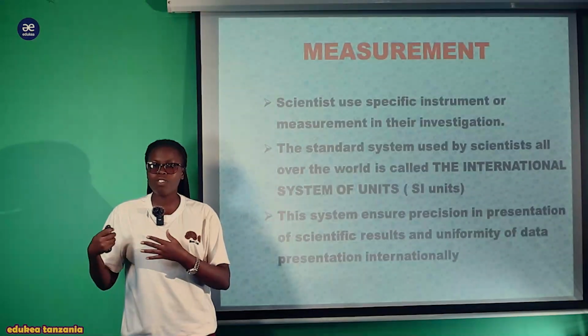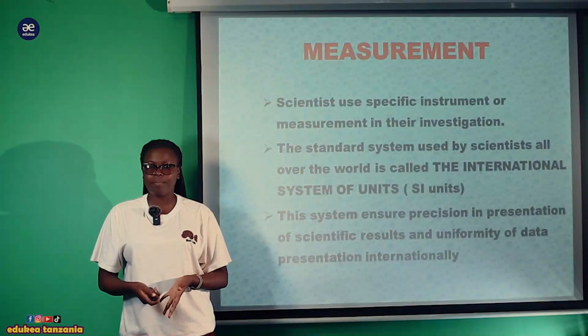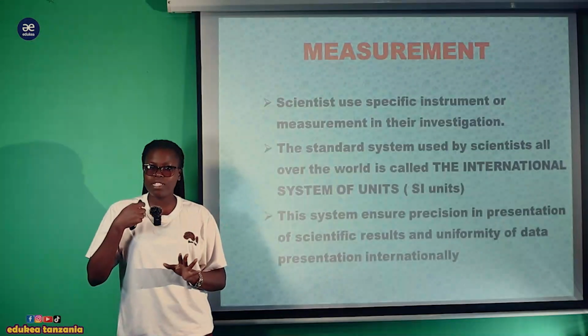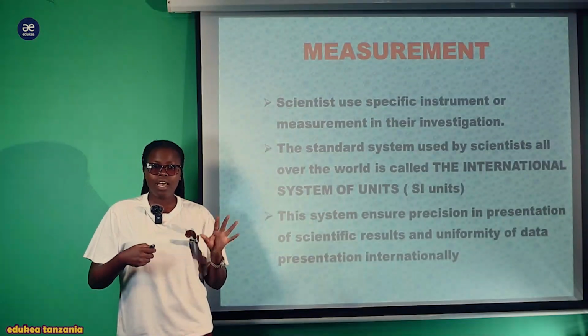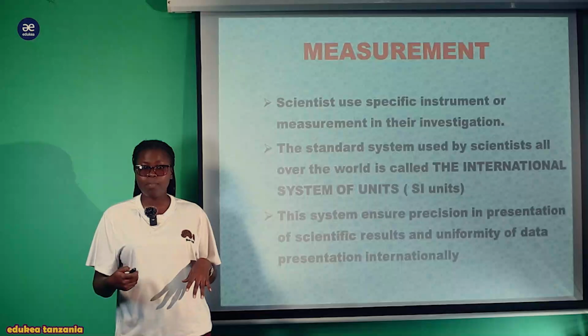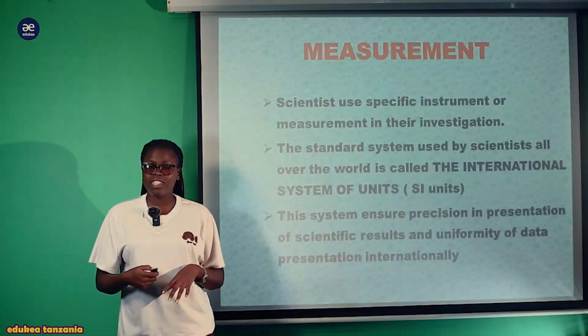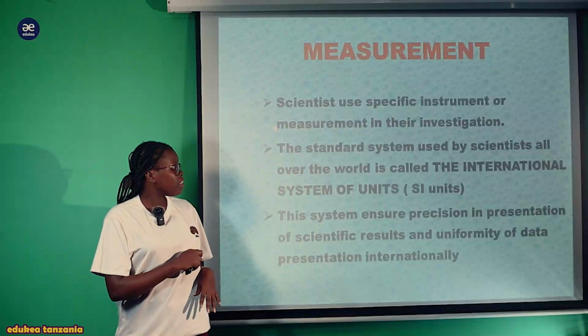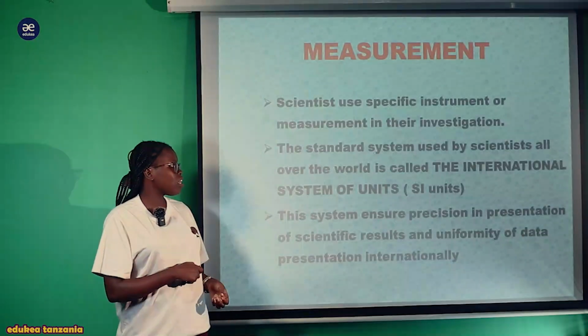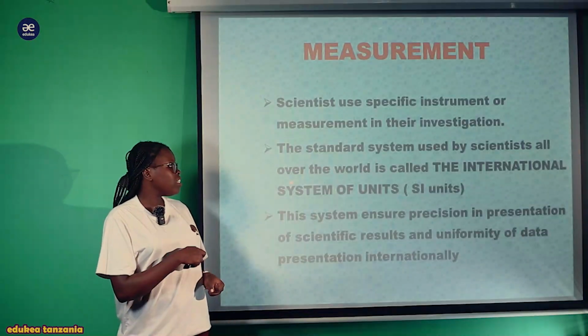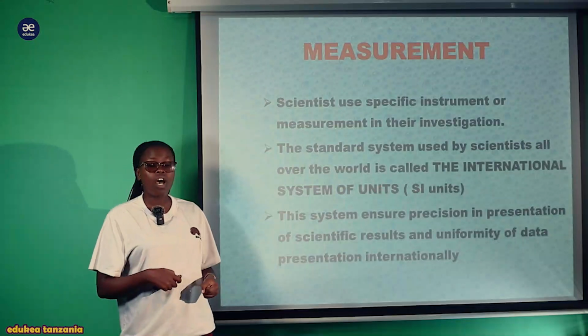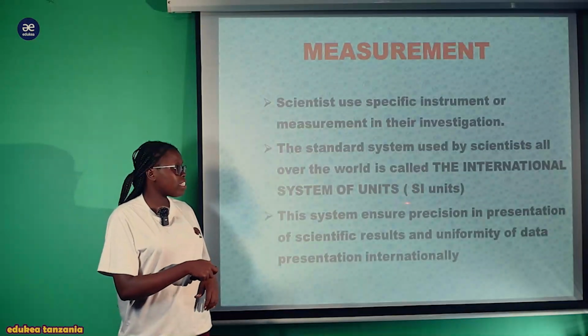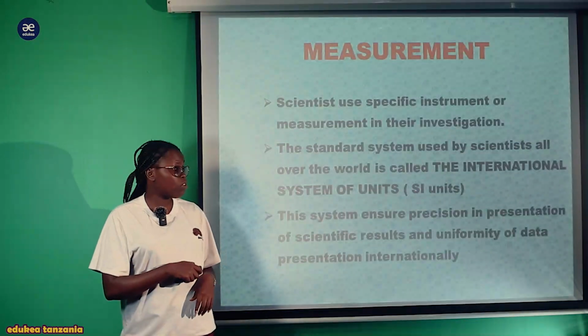So we have to use specific instruments which are already accepted by scientists when conducting scientific experiments. And the standard system used by scientists all over the world is called the International System of Units, au kwa kifupi tunaita SI unit. SI unit kwa kifupi chake ndio International System of Units.